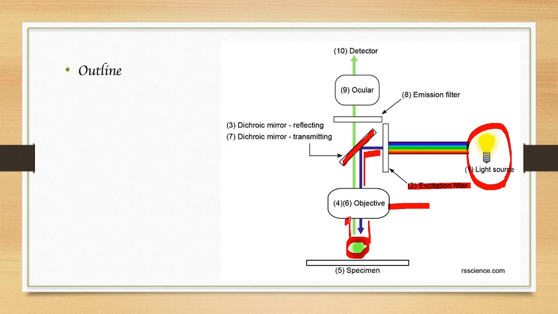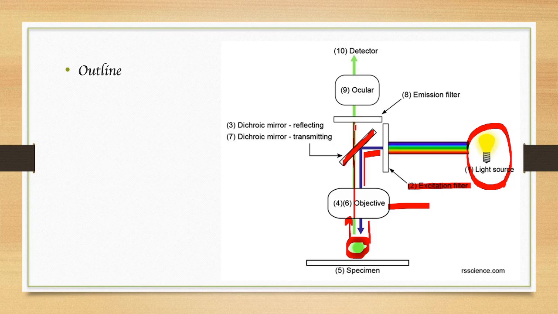This green light passes through the objective lens and through the dichroic mirror. In the first case it reflects the blue light, and in the second case it allows the green light to pass through. That is the significance of the dichroic mirror: it allows transmission and also reflection, so it has dual functions.